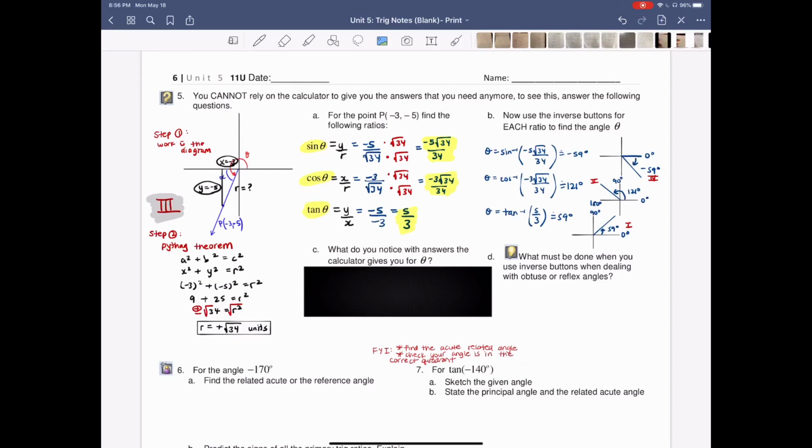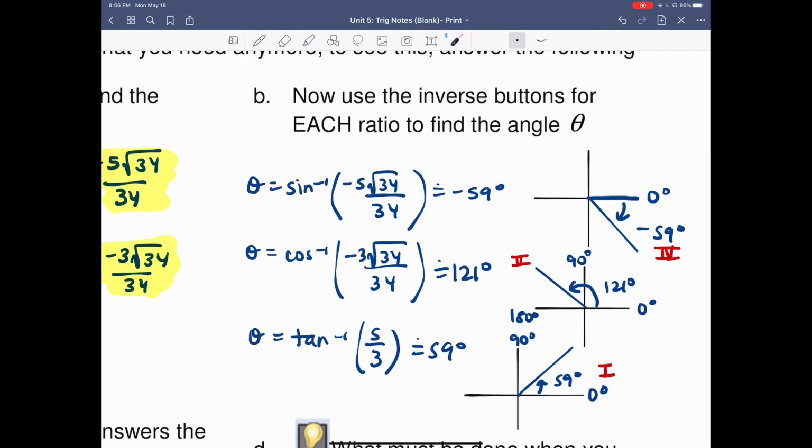Okay, so what I mean is if you look at this, what is the related acute angle that's screaming at you that wasn't that noticeable from the beginning? From here to here, I didn't notice, but then as soon as I got here, I keep noticing something. What angle? The 59 degrees. That is the related acute angle that keeps popping up. Well, it's in the wrong quadrant, but the related acute angle that they're giving away is 59 degrees.